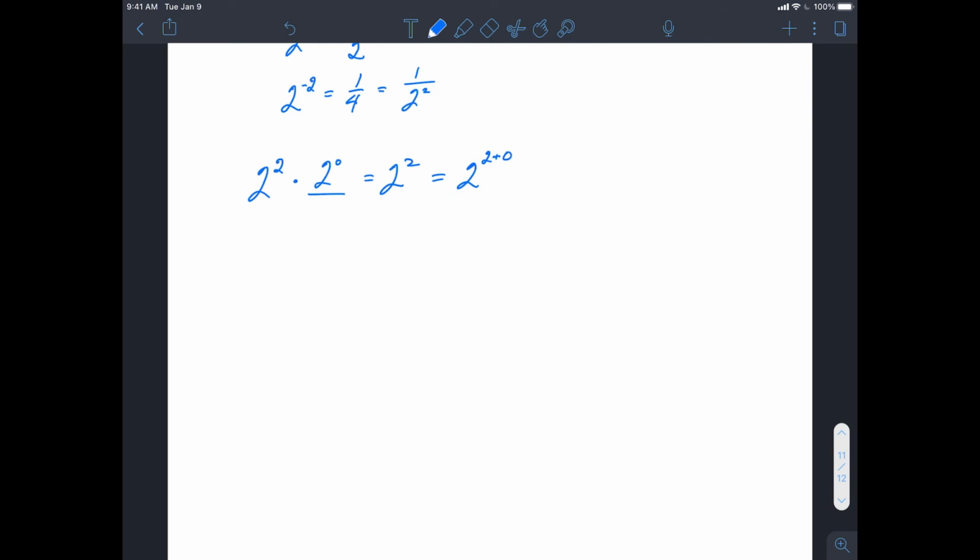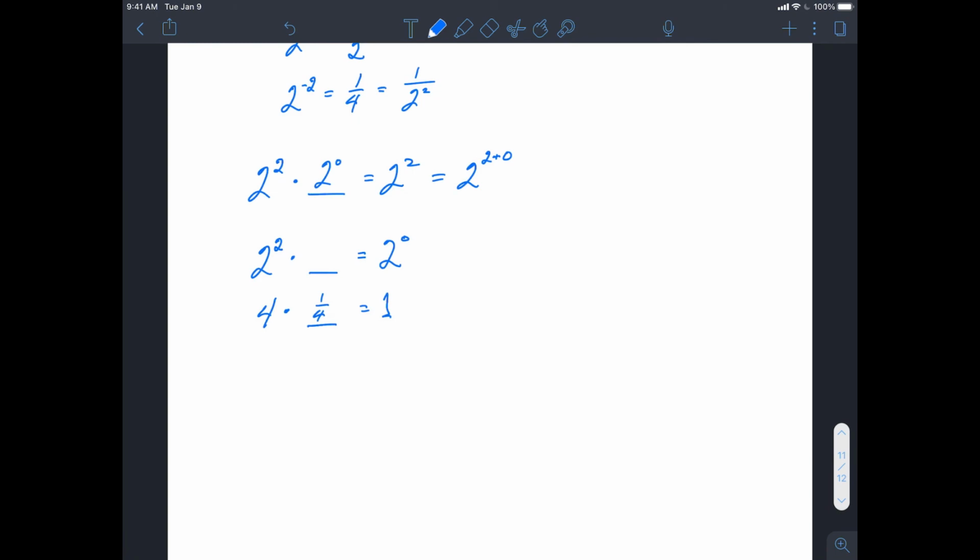Now, let's reverse this a little bit, and let's say 2 squared times what equals 2 to the 0. Well, if we look at this as just numbers, this would be 4 times what equals 1, and the logical choice would be 1/4.